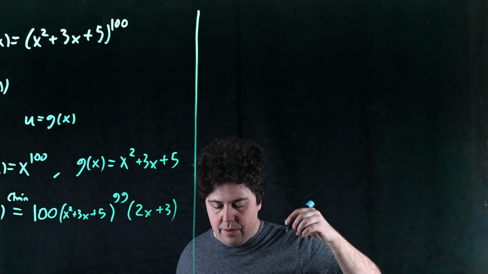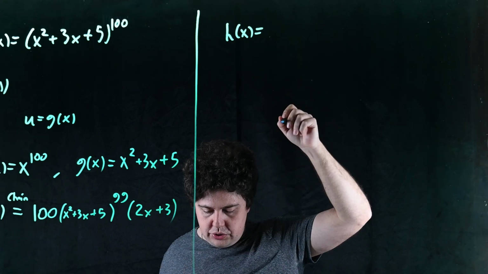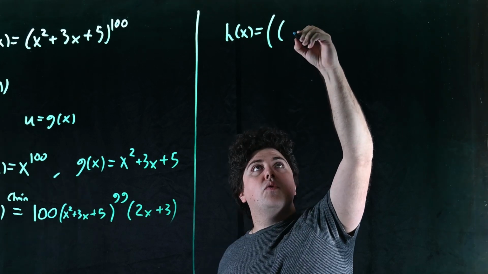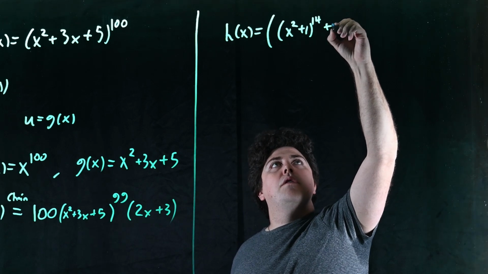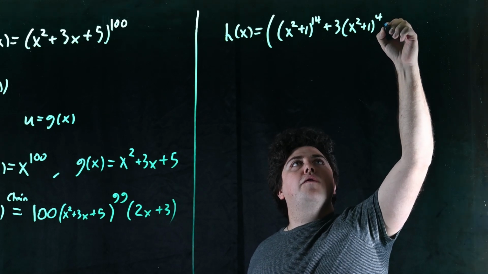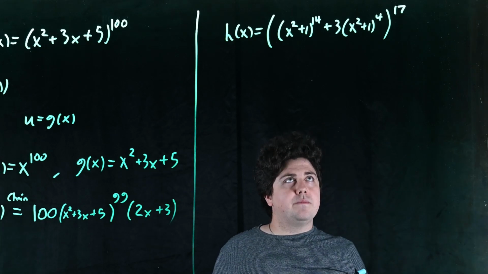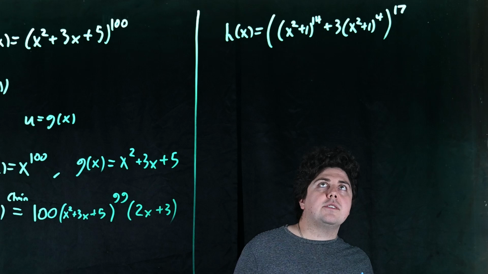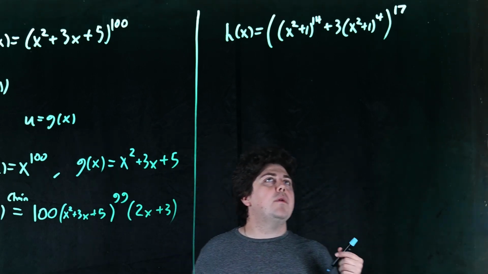So let's say we have h of x equal to ((x squared plus 1) to the 14 plus 3(x squared plus 1) to the 4), and all of this is to the 17. So this is a bit of a nightmare, but being a nightmare doesn't mean we can't tackle it. So what do we want to do?